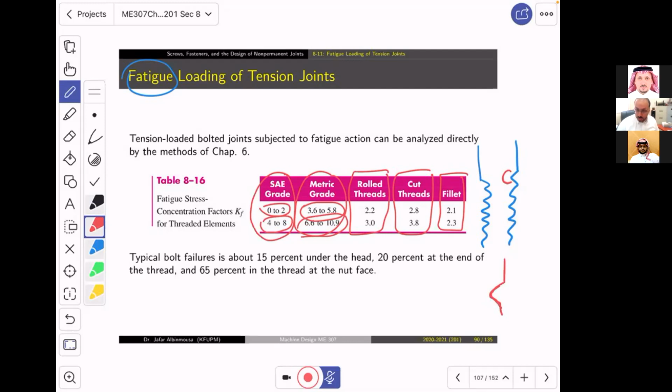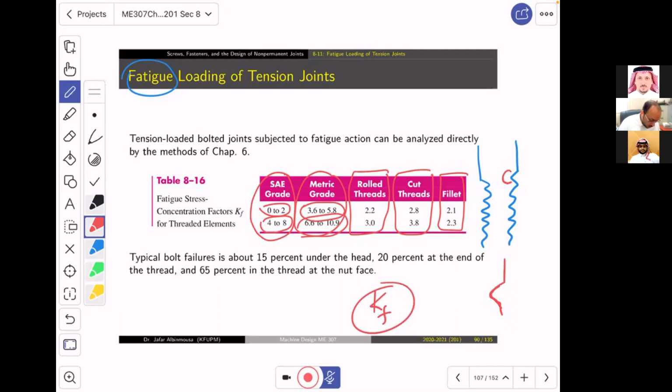So what happened is this. KF, remember, not KT, not Q, it's KF. The fatigue stress concentration factor is given to us.